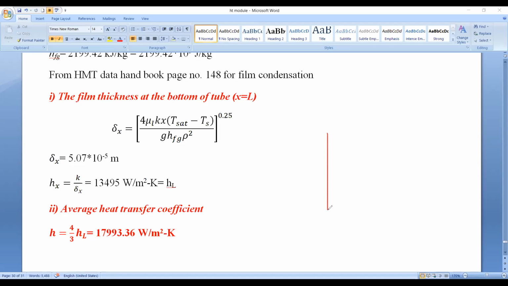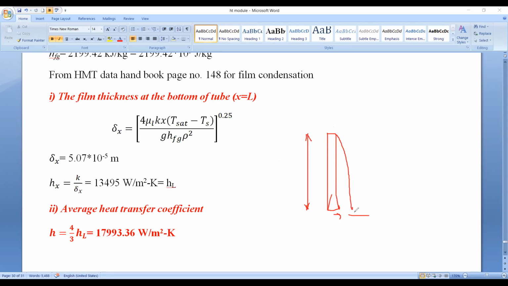Say this is the surface of the cylinder, and this is the film, the film of condensate. Now he has given the height or the length of the cylinder, that is 0.2 meters, and he is asking us to calculate the value of thickness of this film.